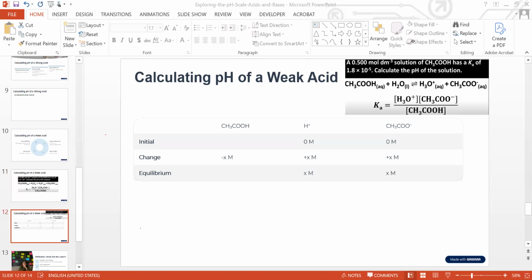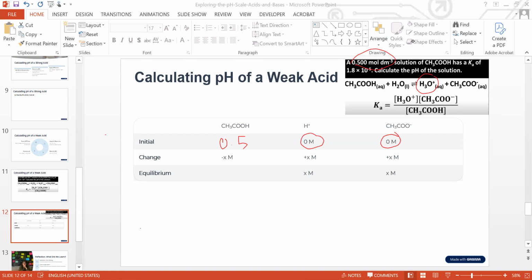First, we're going to put the values into the ICE table. Initially, the concentration of acetic acid was 0.5 mole per decimeter cube. The initial concentration of hydronium ion was 0, and for the acetate ion it was 0.